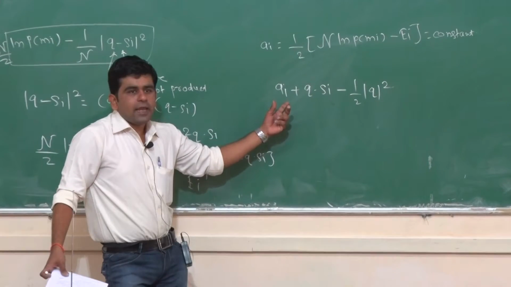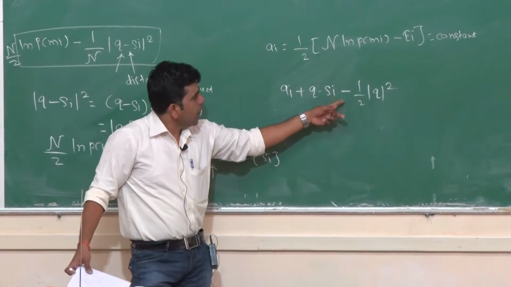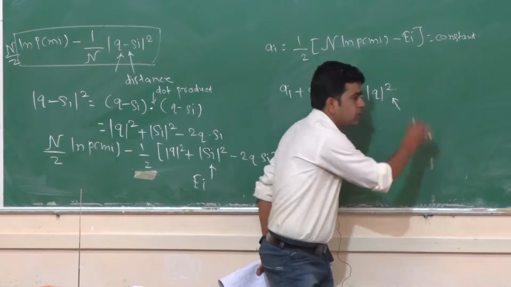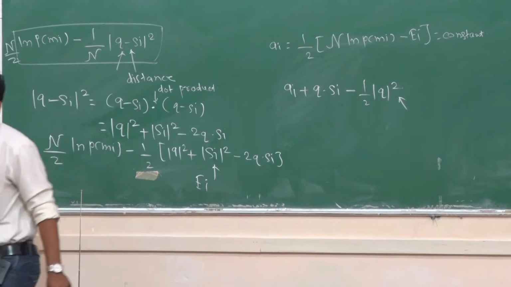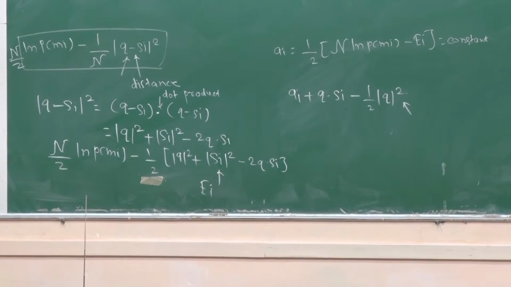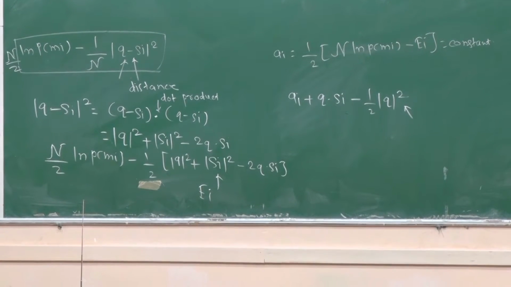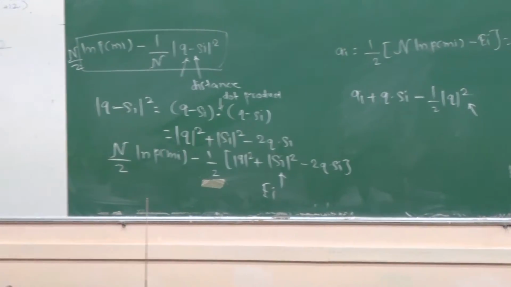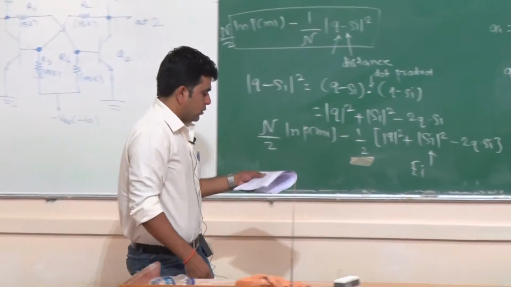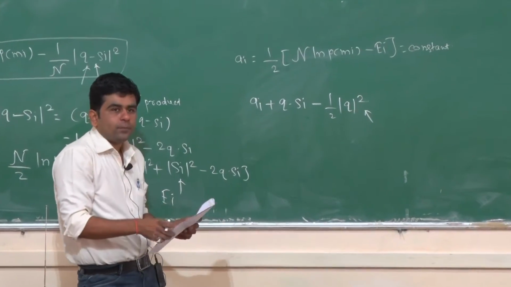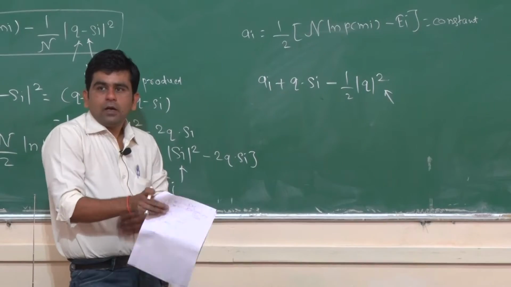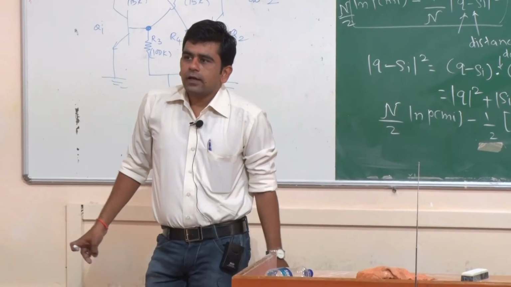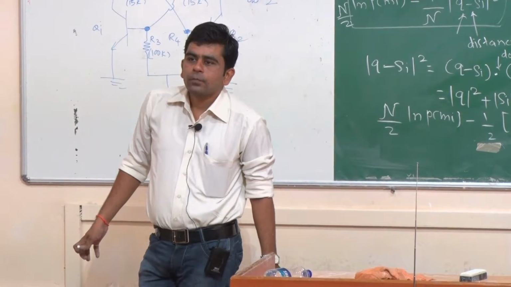This equation becomes AI plus Q into Si minus 1 by 2 Q square, out of which 1 by 2 mod of Q square is common for all I, common to all M in the decision function. So we have to ignore that quantity.